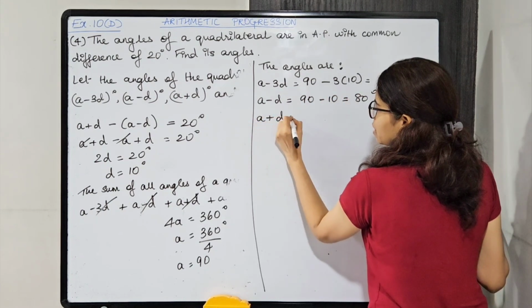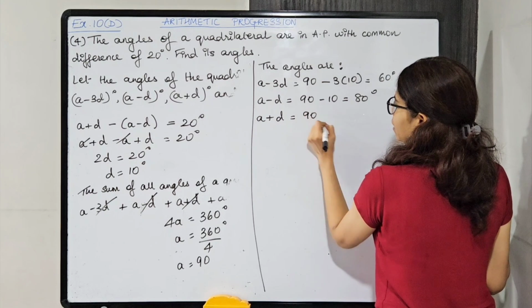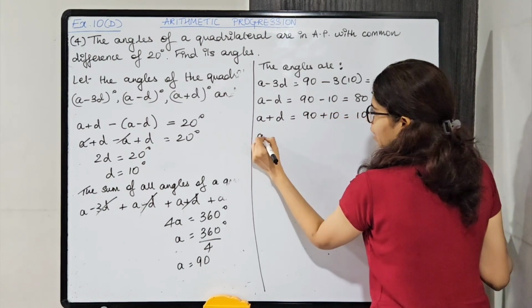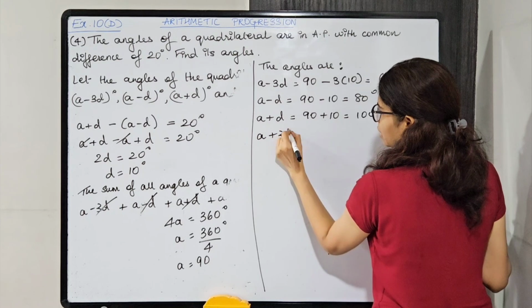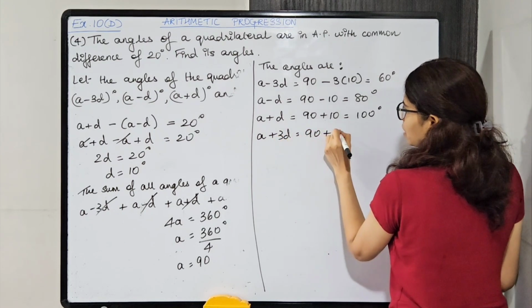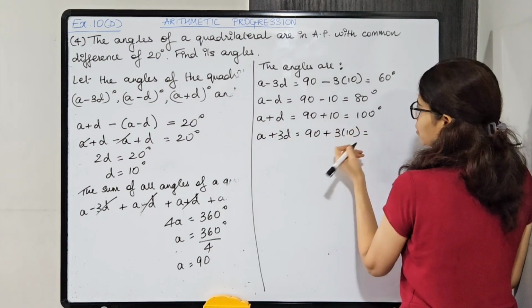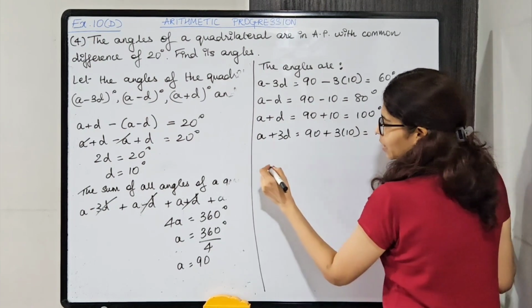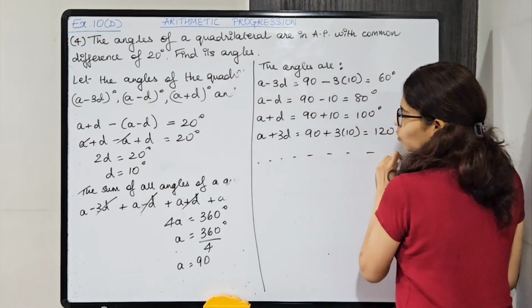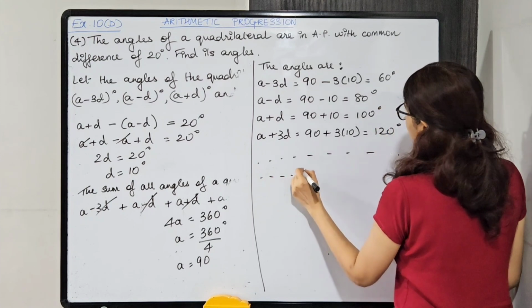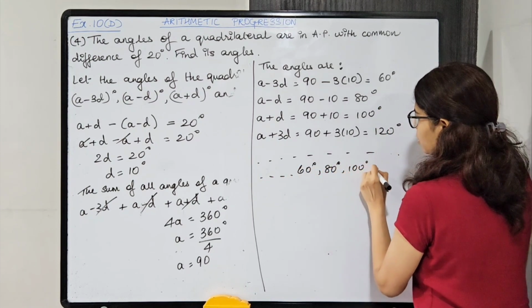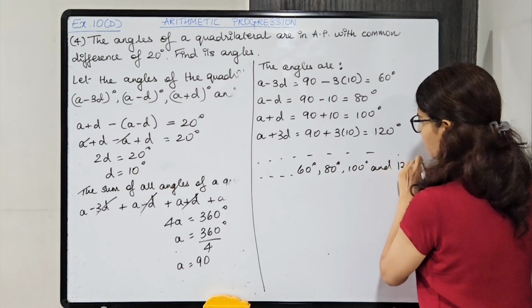Next is A plus D, which is 90 plus 10, that is 100. And next A plus 3D, that is 90 plus 3 into 10, so that will be 120. Okay, so write down the final statement. The angles of the quadrilateral are 60, 80, 100 and 120.